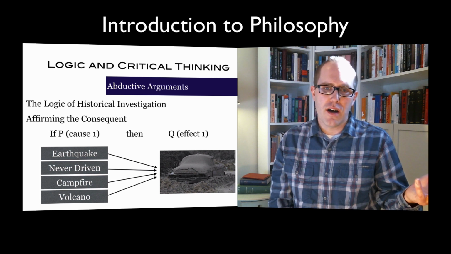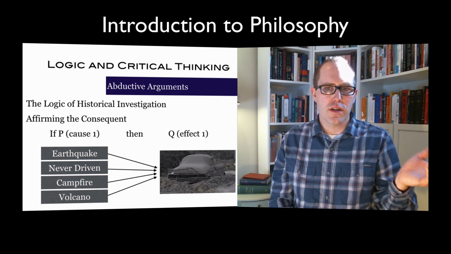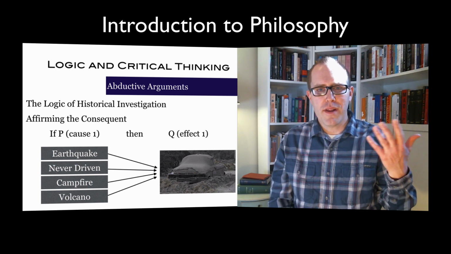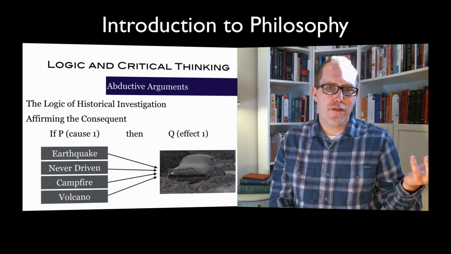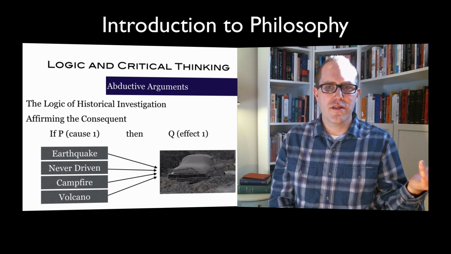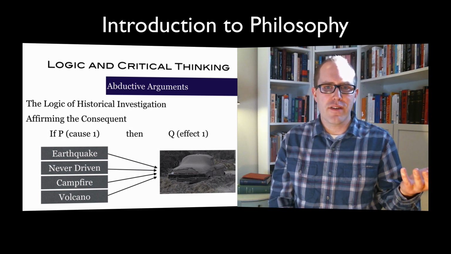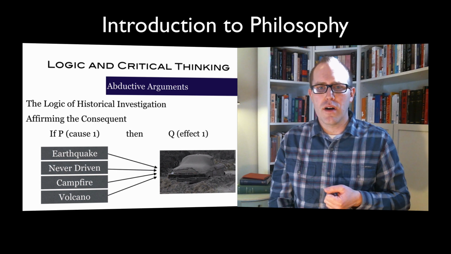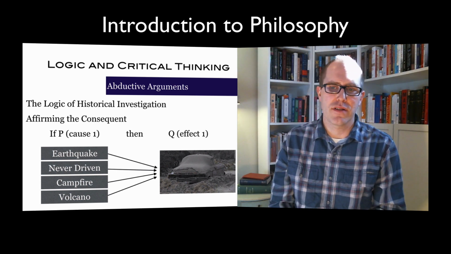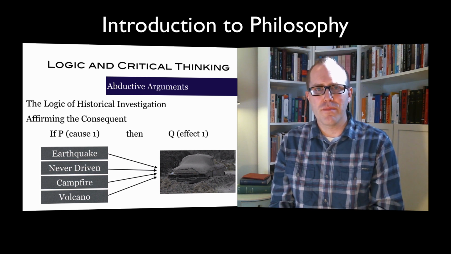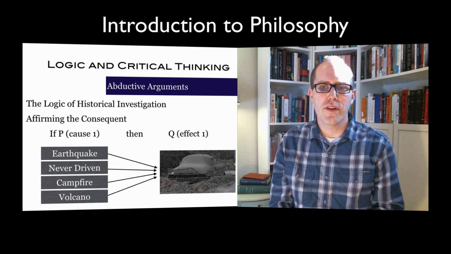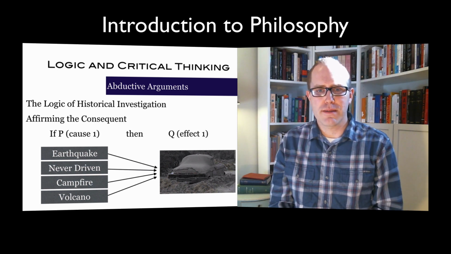If earthquakes aren't known to cause this type of effect, then we can rule that out. Maybe this is a truck that's never been driven before, and it's just accumulated so much dust over the years. But of course, we can't think of an example where that has actually happened. Maybe it was a campfire that deposited a bunch of ash on this truck. But again, have we seen campfires that have gone on long enough to do that? So that doesn't seem to be a strong explanation.